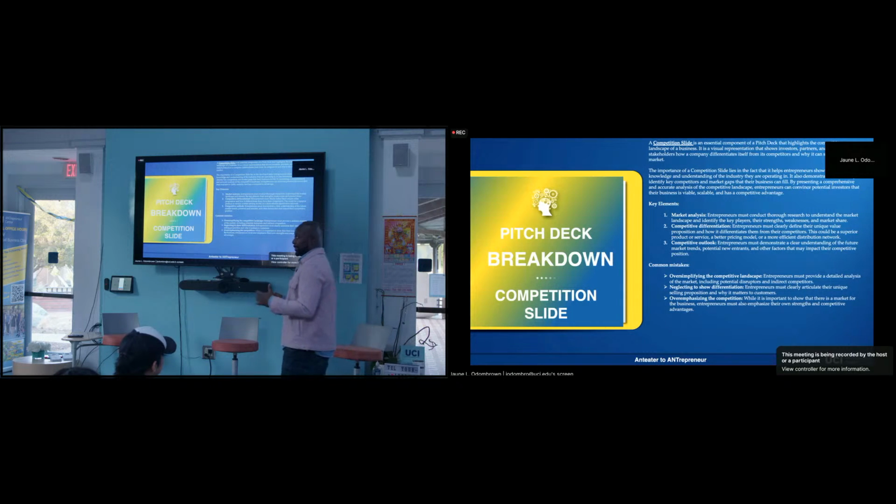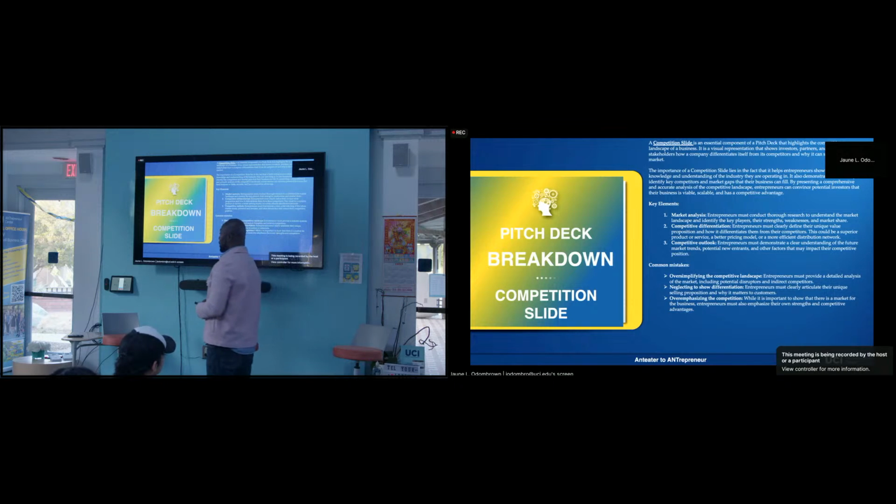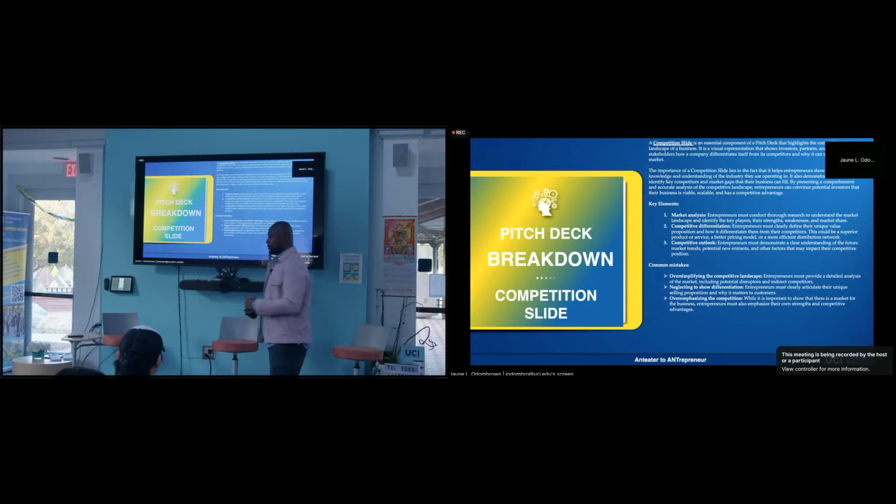So talk about them in a good way. They do these things great, but yet they don't do this, right? You don't have to bash them and talk about how bad they are, or talk about how they're not credible or whatever it may be. Just talk about what they don't do and why you are the right company to do just that, okay?